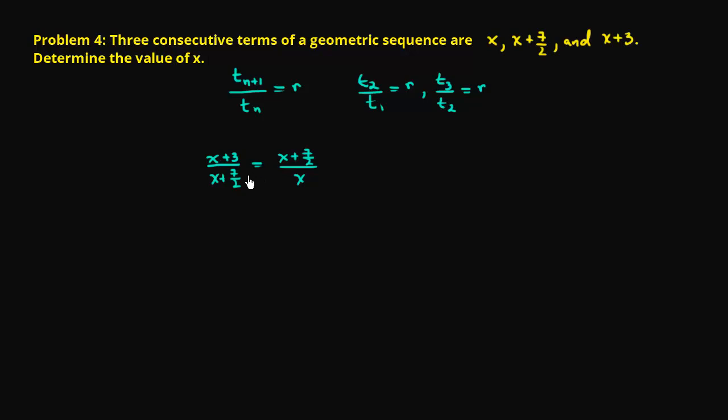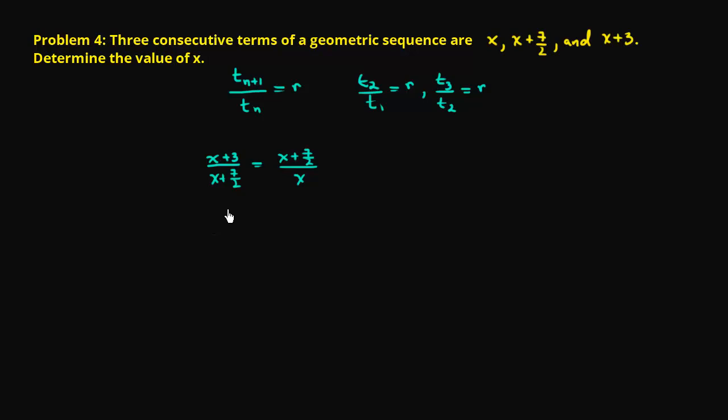So now we've got an equation. We know that these ratios are equal because we have a common ratio in a geometric sequence. So now we can go through and solve this equation.